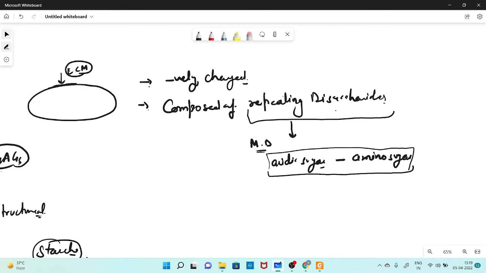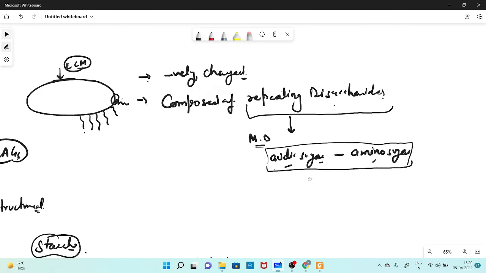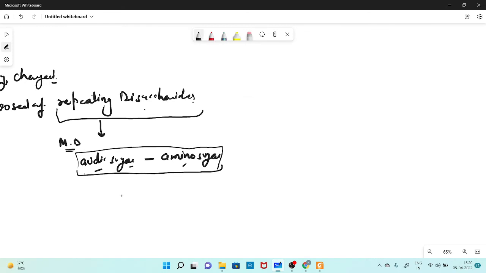I told you that GAGs are present in the extracellular matrix, which means you have a cell membrane, and here they will be present like these structures, right? Here you will have acidic and amino sugars. Now they have to get attached to the cell membrane, so your heteropolysaccharides attach with the cell membrane proteins.